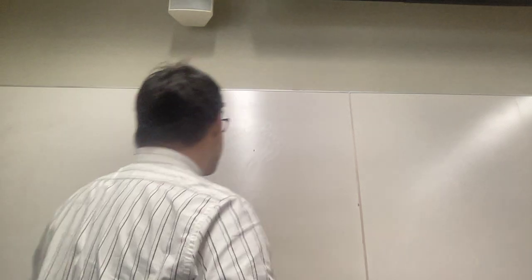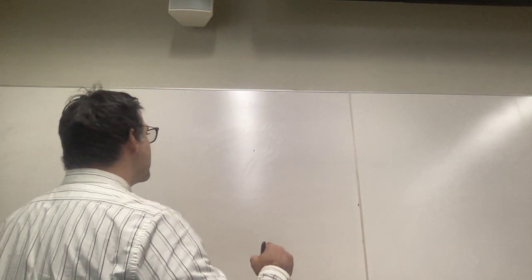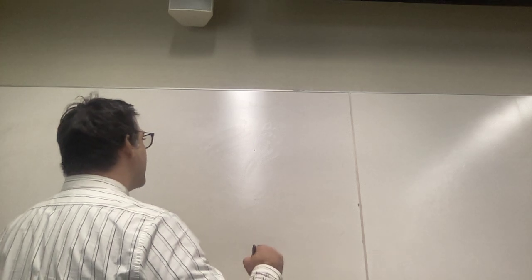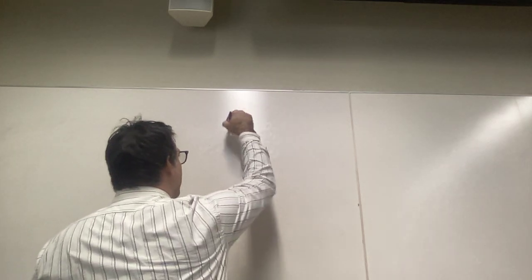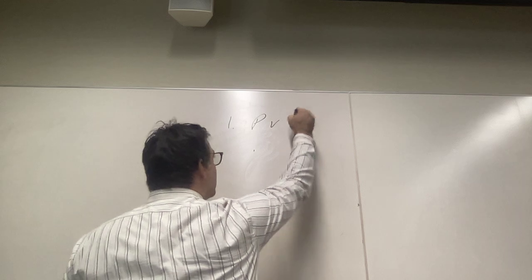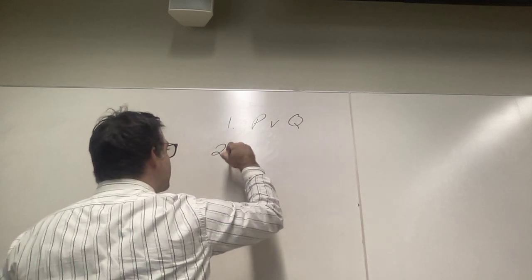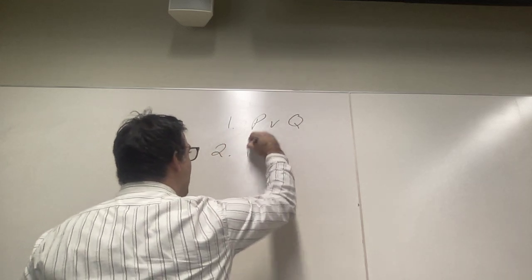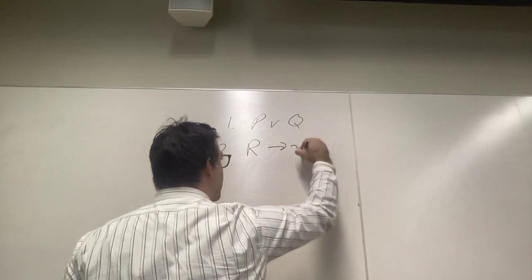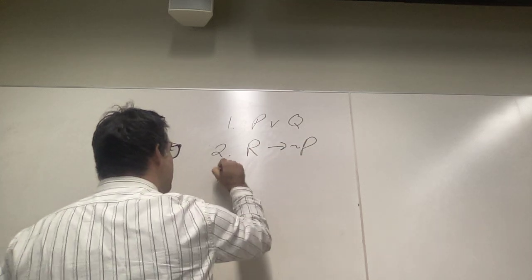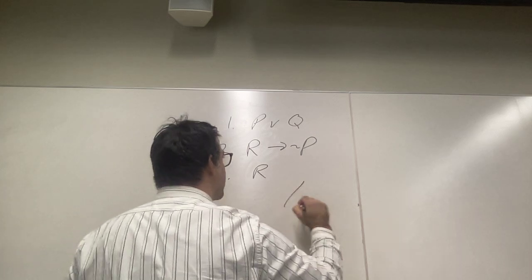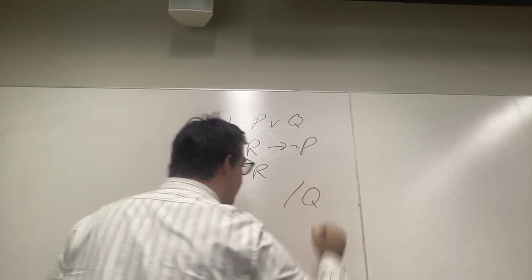So for simple derivations, we might have an argument: P or Q, premise 1; R implies not P, premise 2; R, premise 3; and the conclusion Q.